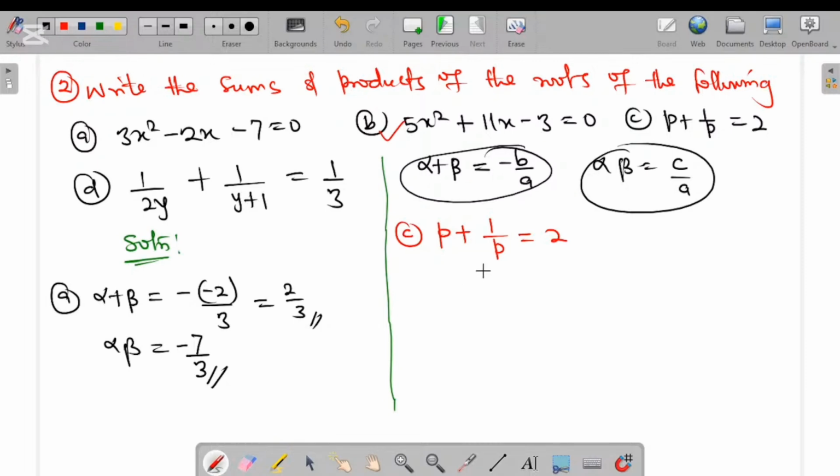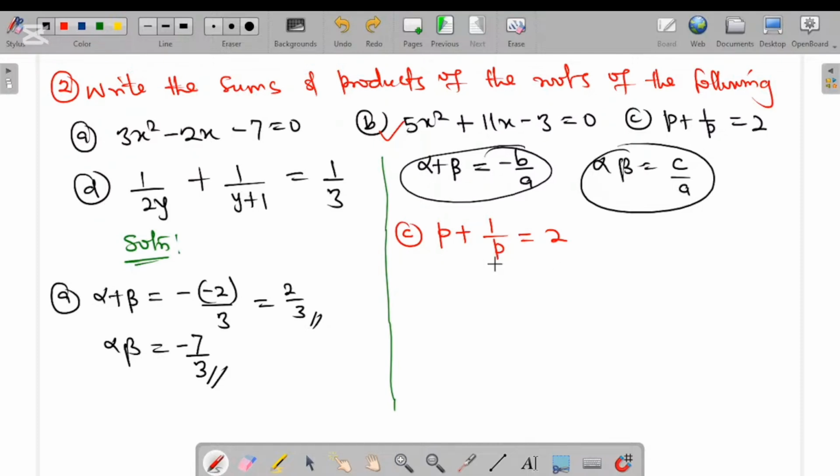There are two ways you can clear the fraction. One is to get the LCM. So I can make this over 1 and find the LCM. And then the second way, which is the way I prefer, is to cancel the denominator by multiplying through by this particular denominator. So if I multiply through by p, I will remove this p.